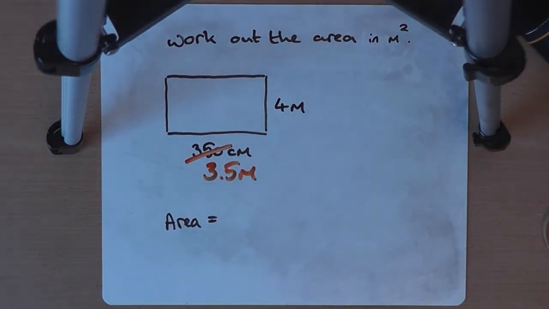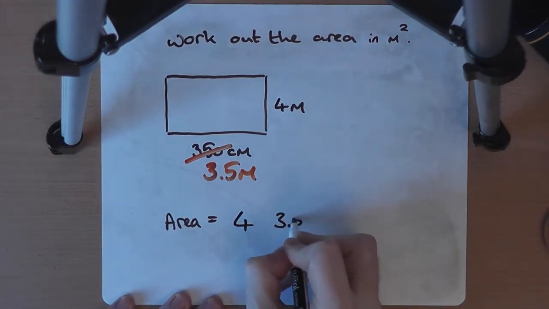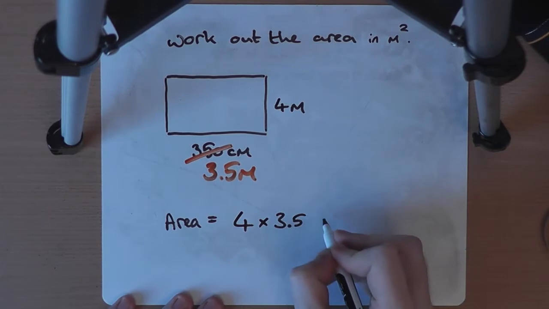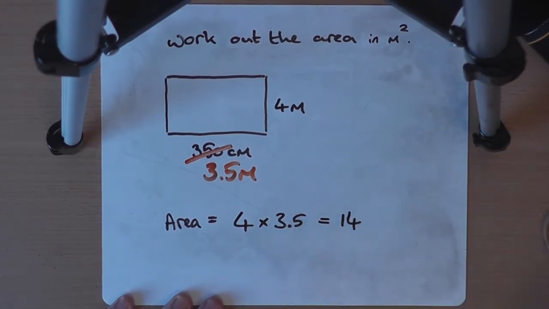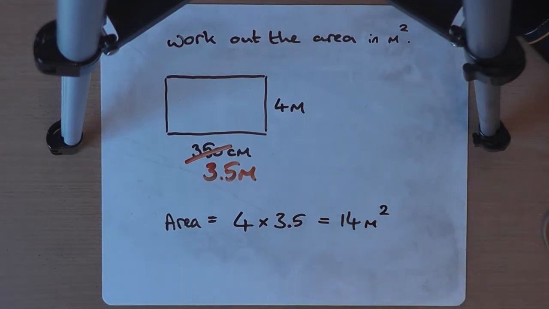That means for our area, we take the 4 and the 3.5, times them together, and that gives us 14. 14 what? Well, metres times metres is metres squared. And again, for the rectangle, we have simply taken the across measure and the up-down measure and timesed them together.